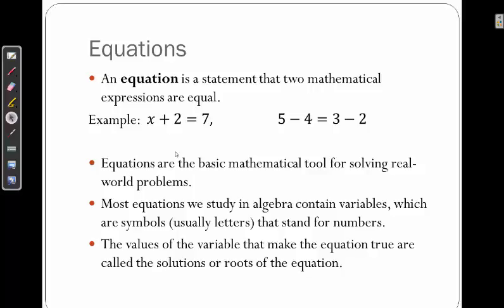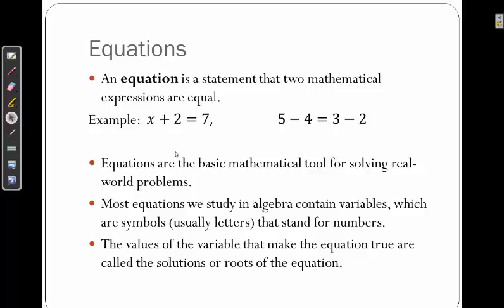But still, even with idealized situations, you can still use math as a good predictor. It gives you a good rule of thumb to work by. So we're going to use equations to solve a lot of application problems.